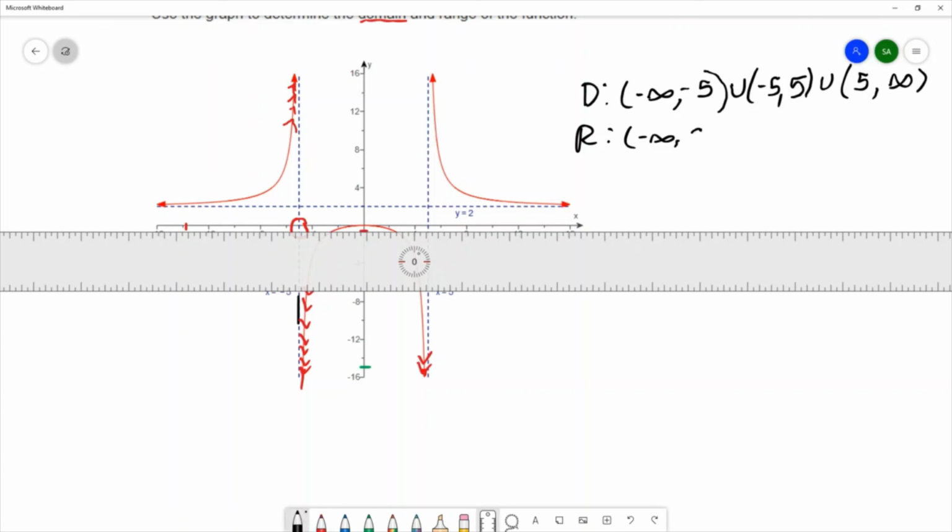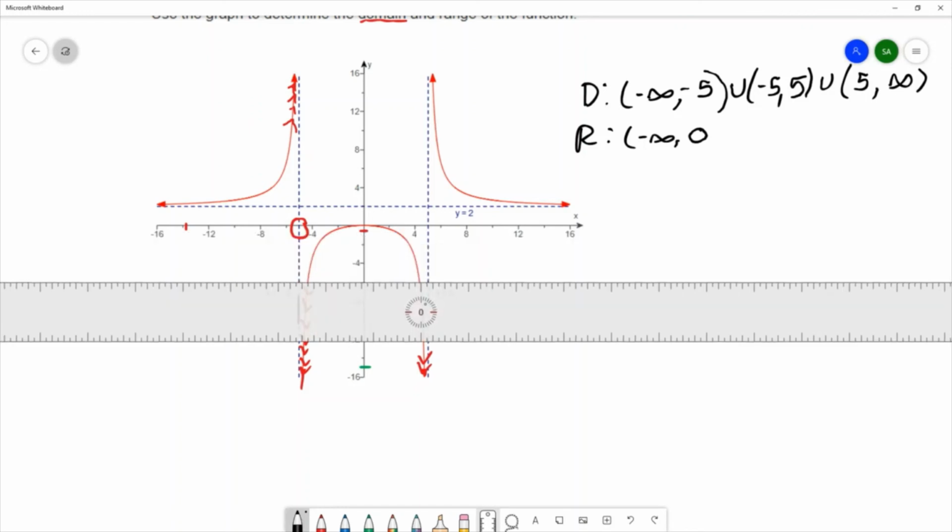So my range is going to stop at 0. Now that point where the range stops, that point right there, is the ordered pair 0, 0, and that point is on the graph. So that point is included in the range.